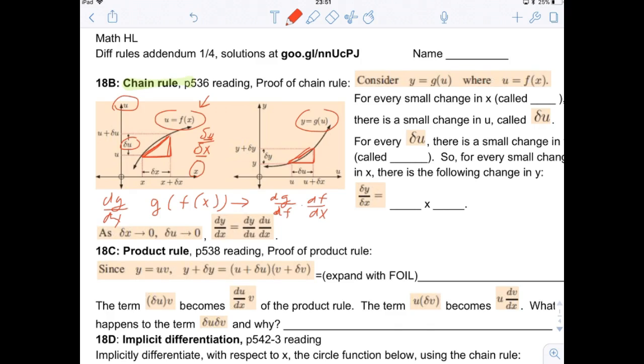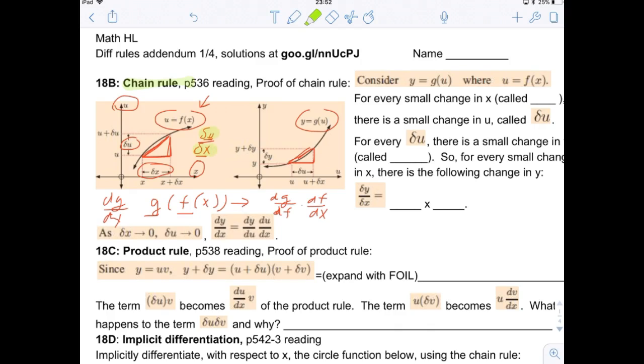This delta x is similar to the h variable when we do differentiation using first principles. But when you have two functions nested within each other, you have a lot of x's and a lot of y's, so we start naming them with expressions like delta x and delta u.